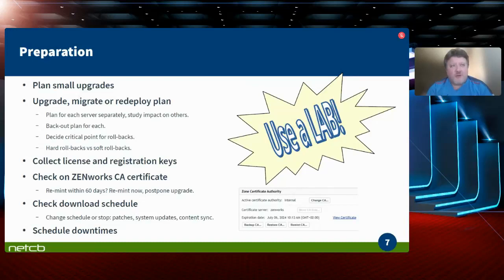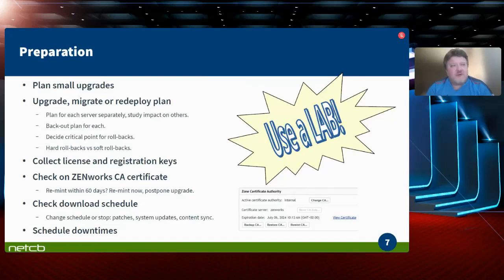When you upgrade or migrate or redeploy, you have to plan for each host. You also have to plan for different components in ZENworks. For instance, when you upgrade servers and you have a separate ZENworks reporting server component, you have to look at whether these things will still communicate with each other. Or when you upgrade a server, what is the requirements now for instance, interfacing with Active Directory or eDirectory?